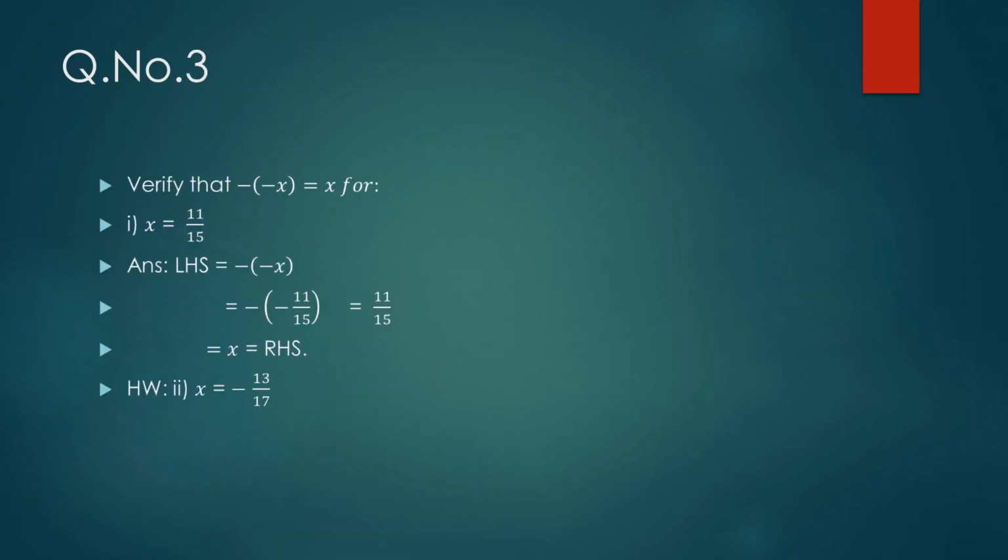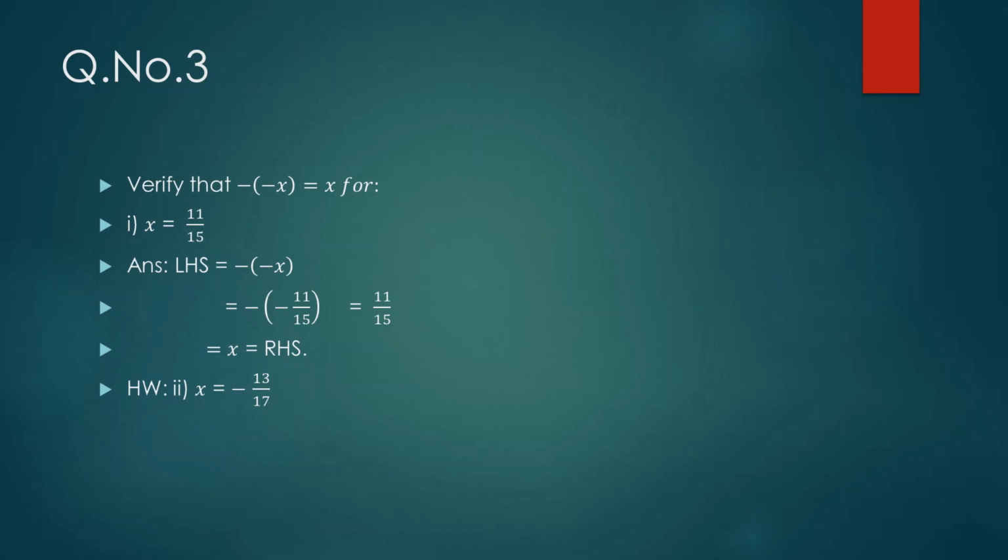Next, question number 3. The third question is: verify that -(-x) is equal to x. The first question is given, x is equal to 11/15. Here we have to verify. Verify means we have to prove that the LHS is equal to the RHS. Isn't it? So here LHS, what is given? Minus of minus x, meaning minus of minus is plus.